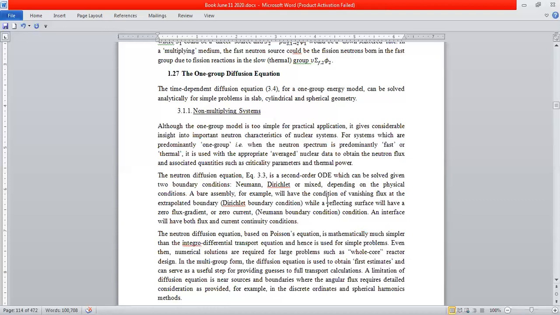So a reflecting boundary, a reflecting surface, you can always invoke if physical conditions permit. And that's the case where you have a zero gradient. Zero gradient is the Neumann boundary condition, and an interface could have both flux and current continuity conditions.